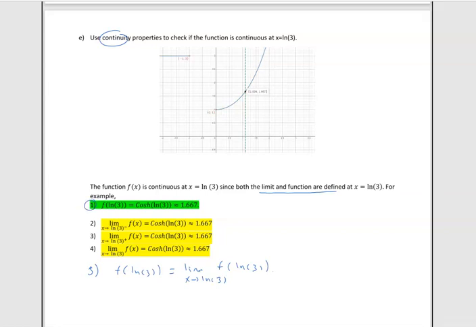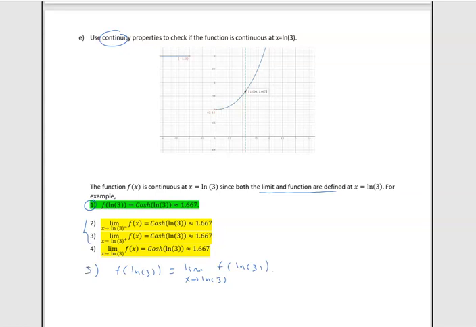In this case, you can see that the function is defined. We don't have a discontinuity. Then you're checking that the limits actually are defined. So that would be 2 and 3, which implies 4. And then the fifth one is that not only the limits are defined, but they're equal to the same value.